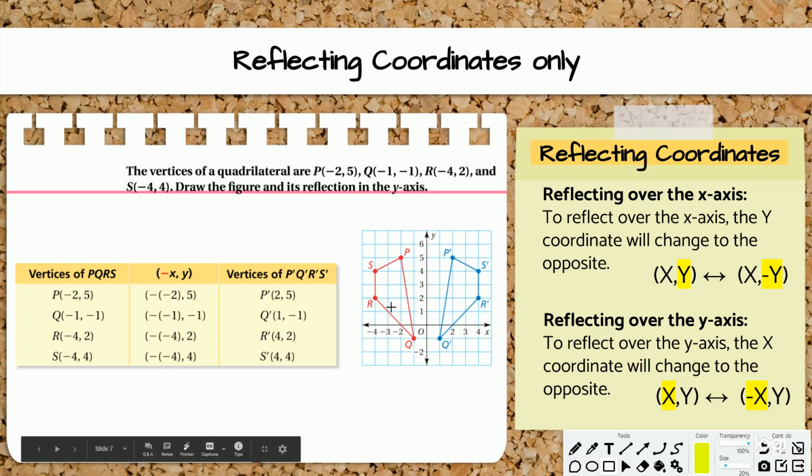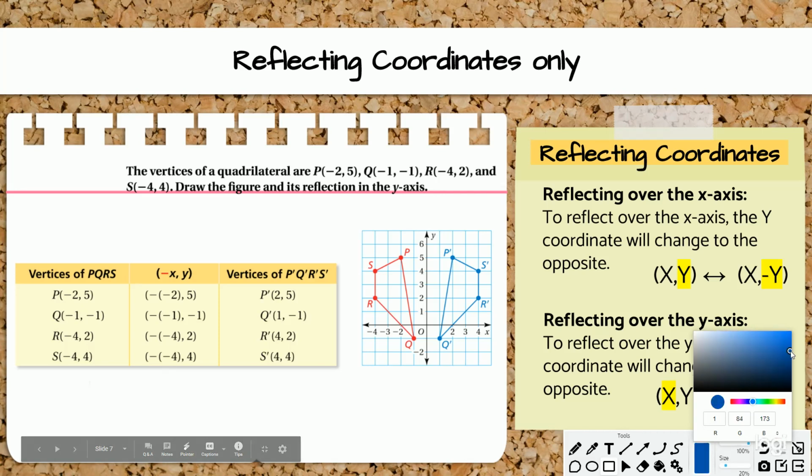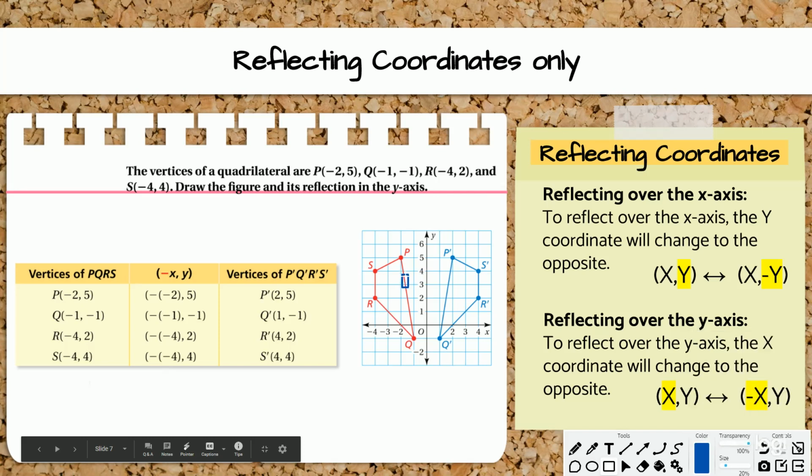So here was my original, because it just has the letters, and then my new shape has the prime letters on it. So it is reflecting across the y-axis right there. So please pause the video here, and I want you to write this down into your notes.